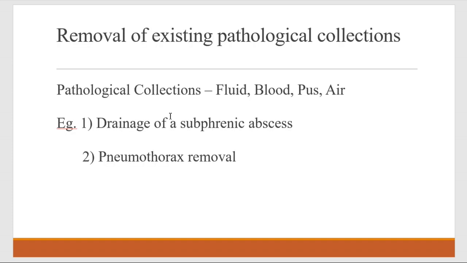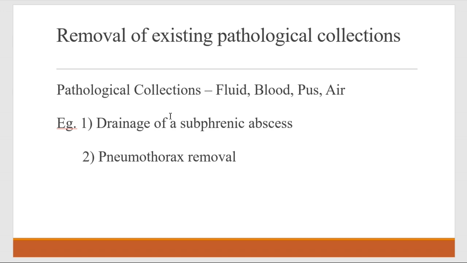The first one, removal of existing pathological collections. Suppose there is fluid or blood or pus or air. Fluid, I think all of you know, is any substance that can flow. Water can flow, CSF can flow, blood can flow, urine can flow, pus can flow, air can flow.